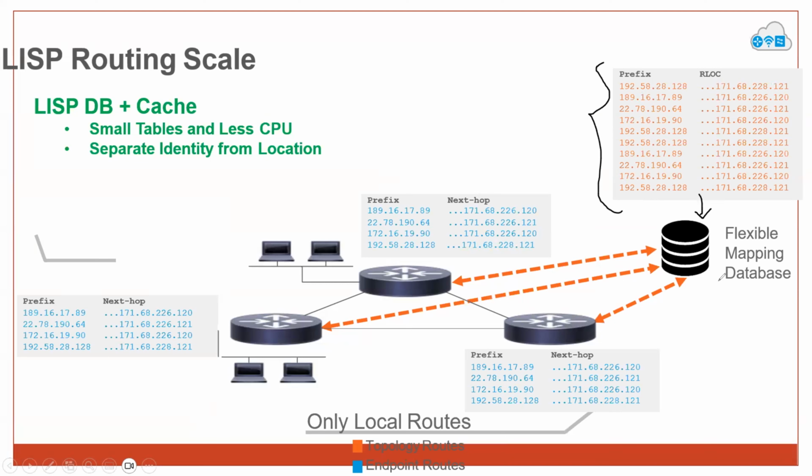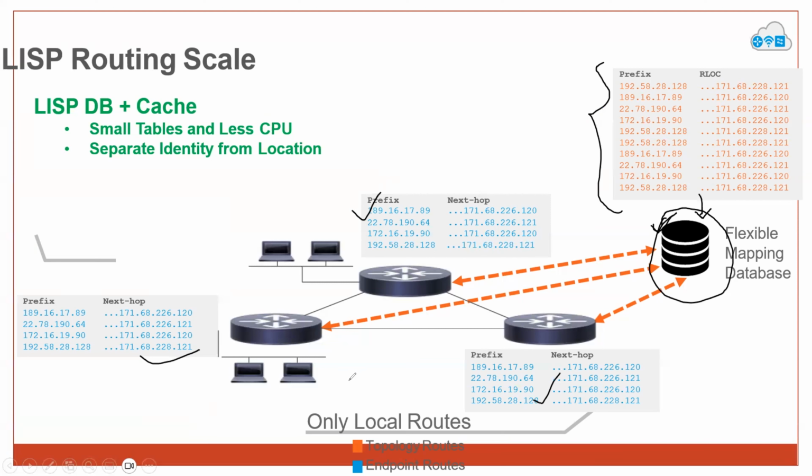It's not like an Oracle or SQL database, but it's a router. Within a router, you define the role of MS and MR, map server and map resolver, where they have all this information, and these routers have only host route information.